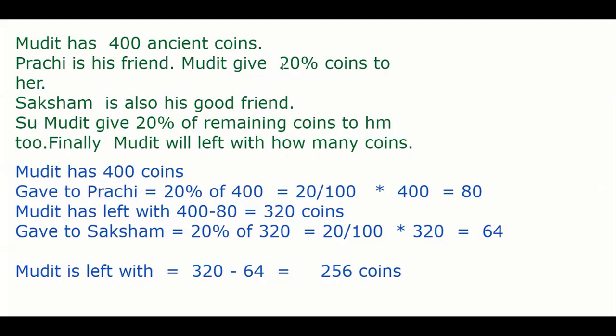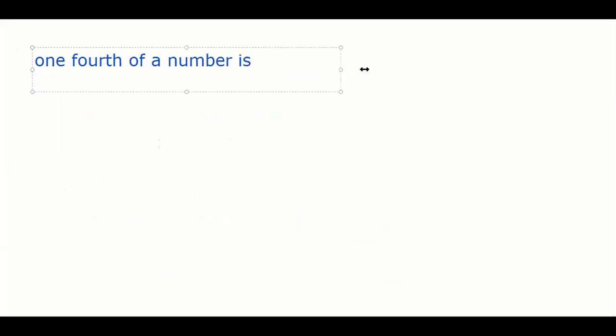Let's start the next question now. One fourth of a number is 30 more than half of the original number.